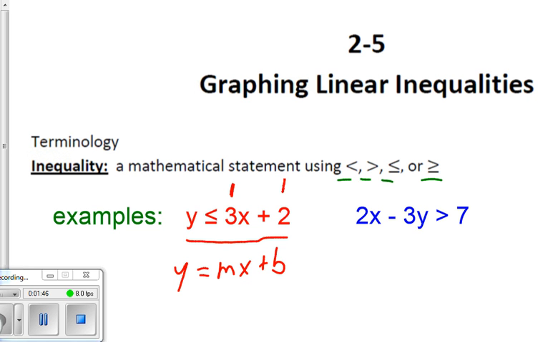The y-intercept is this 2 over here. And then we still have y and x in their place. So it still looks like one of our lines, or one of the equations for a line. It just, instead of having the equals, has this inequality symbol. So what it's saying is we're going to be on that line, but we want everything less than that line or below that line. So that's how these inequalities are going to look.